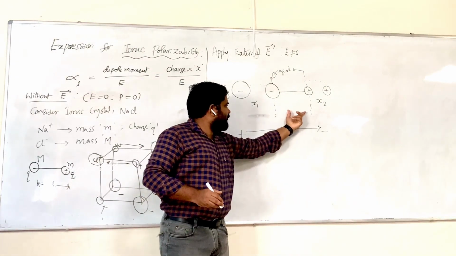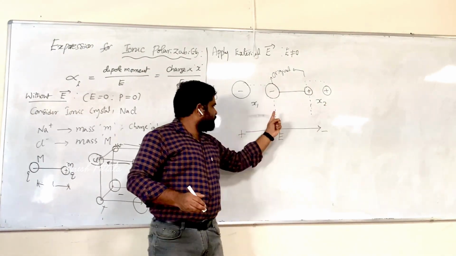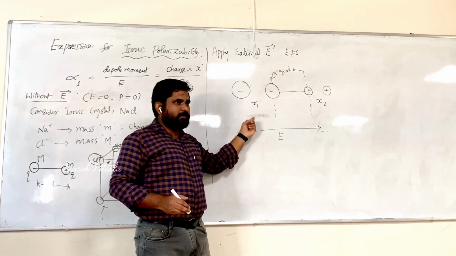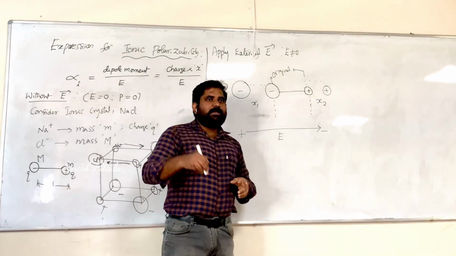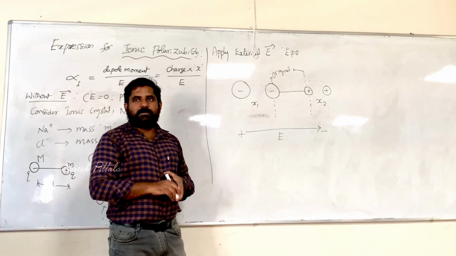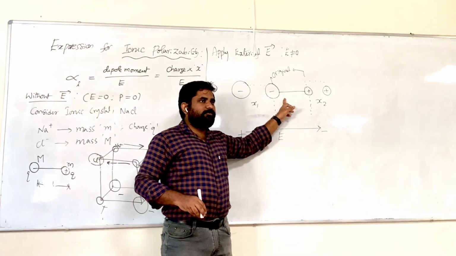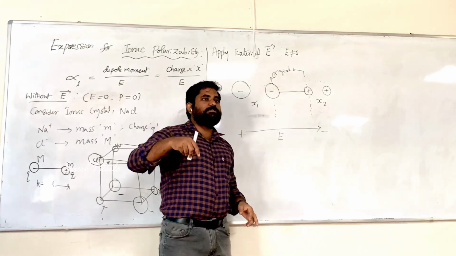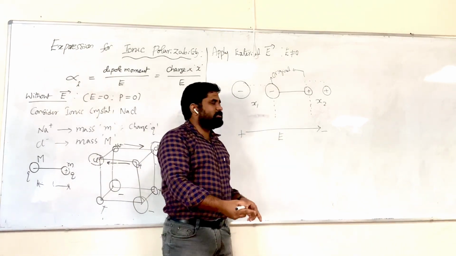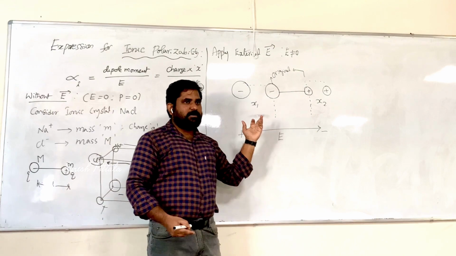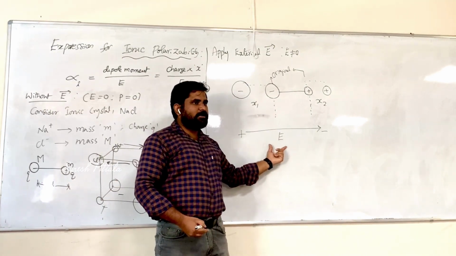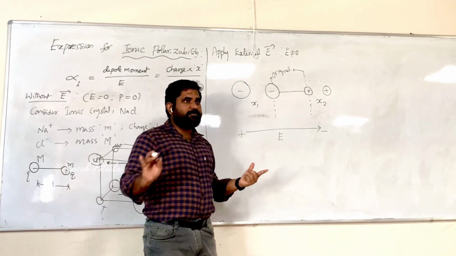From D it moved to x2, and from D it moved to x1. While writing, you need to write: the positive and negative ions moved from their mean position by distances x2 and x1 upon the application of the electric field. You need to frame that sentence.